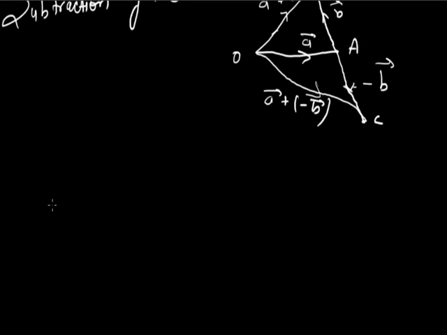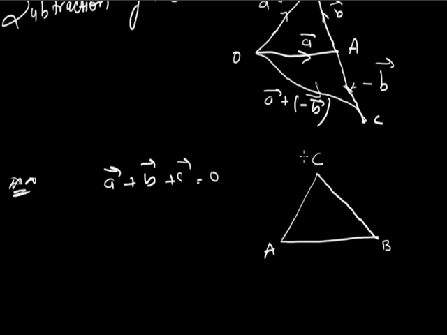Now for a triangle, a vector plus b vector plus c vector is equal to 0. Let's see whether it is true or not. The AB vector represents a vector, BC represents b vector, and CA represents c vector. Now by the law of addition, AB vector plus BC vector is equal to the AC vector.